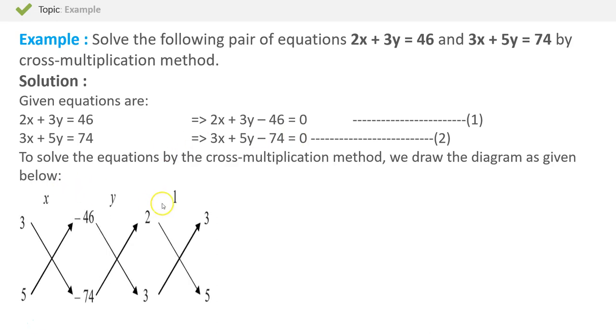Now, in order to solve this by the cross multiplication method, we'll use this diagram. So we'll write x, y, 1. When I'm writing x, I'll write b1, b2, which is 3 and 5. Then I'll write c1, c2, which is minus 46 and minus 74. Then I go to y, I write c1, c2, minus 46, minus 74.